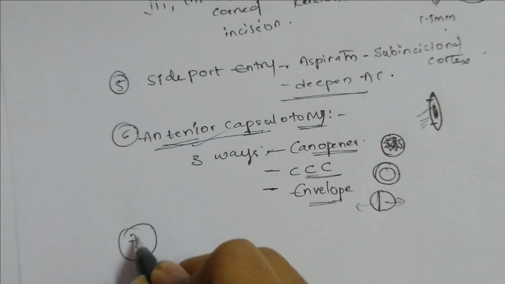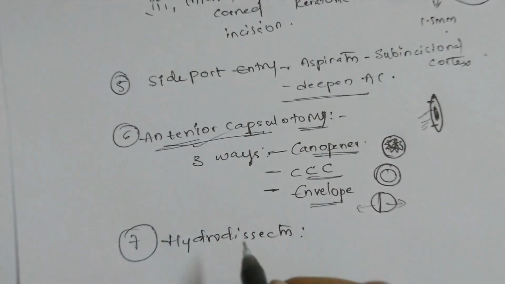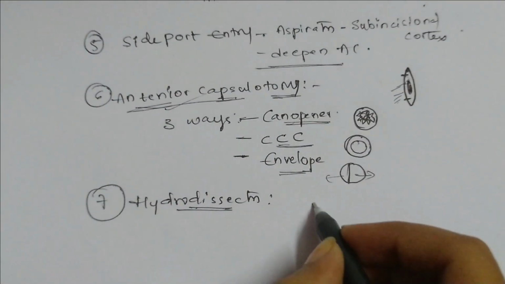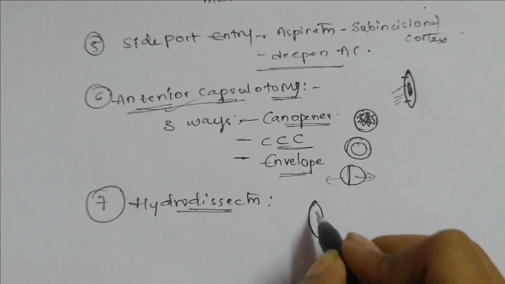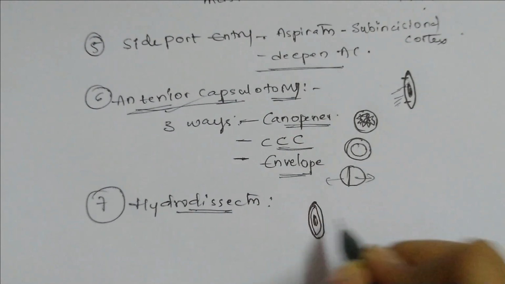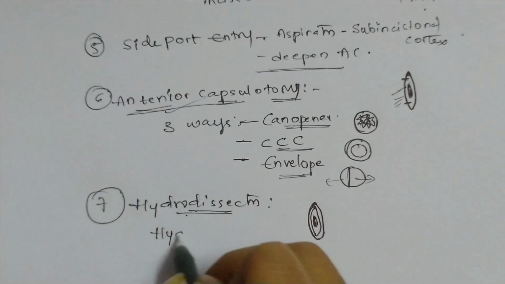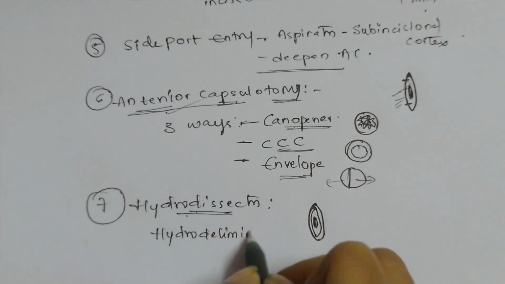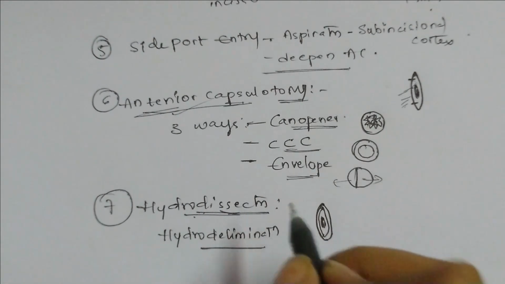What is the next step? Next step is hydrodissection. In this technique, fluid is given into the lens. This is cortex, this is nucleus, and there are 2 things: hydrodissection and hydrodelimitation. What is hydrodissection?